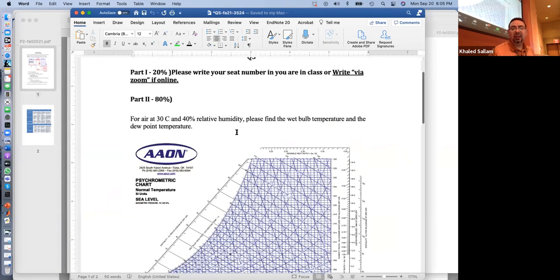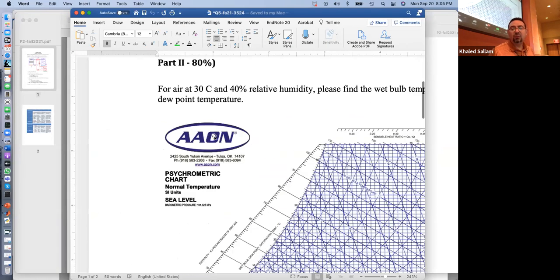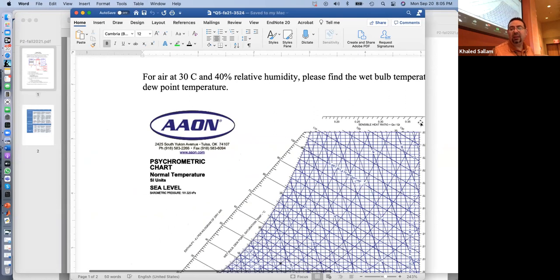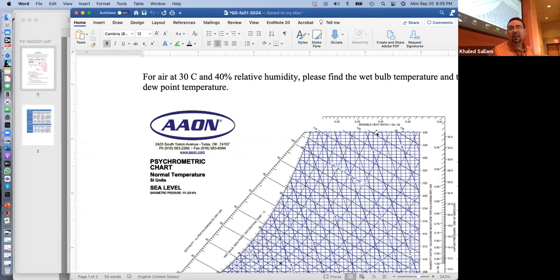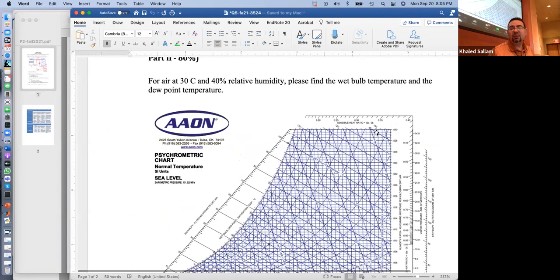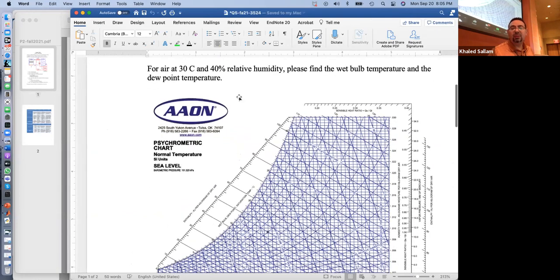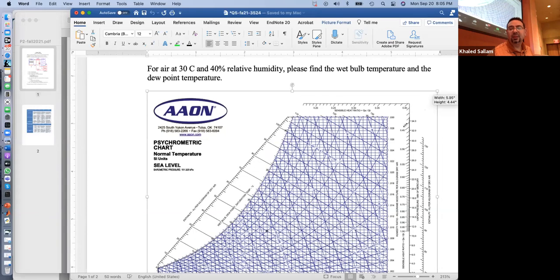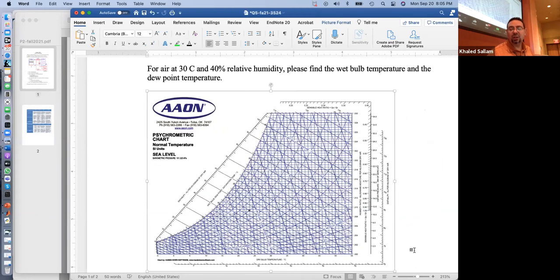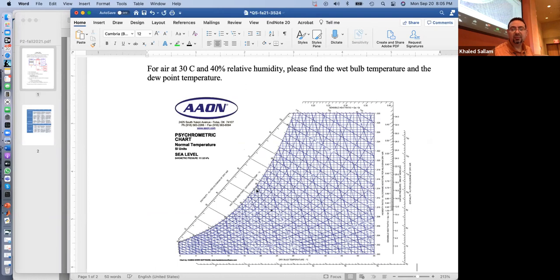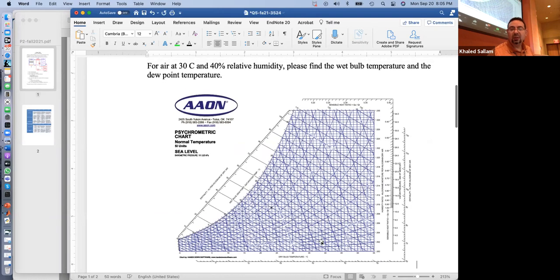Then for number two, bar two, for air at 30 degrees and 40% humidity, find the wet bulb temperature and the dew point temperature. You're going to report two temperatures. You can use the chart, you can use the equation, whatever you're comfortable with. Write your answer, and you are done.